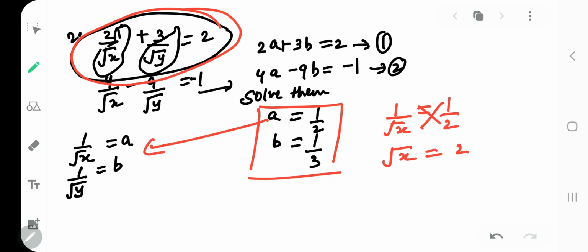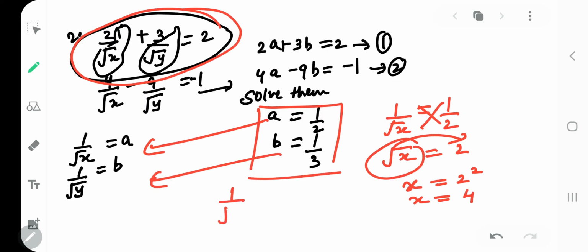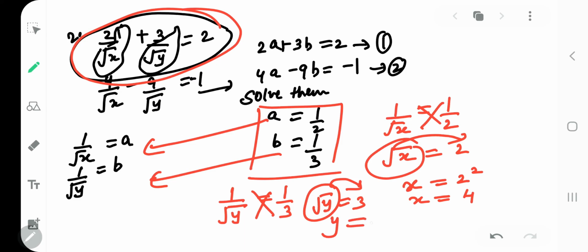My dear kids, you know very well that this root is transferred here as a square, so x will become 4. And b is 1 upon root y, which is equal to 1 upon 3. Cross multiply, you will get root y is equal to 3. And this root will be transferred here as a square, so y will be 3 squared, that is y is 9. Now that's your final answer.